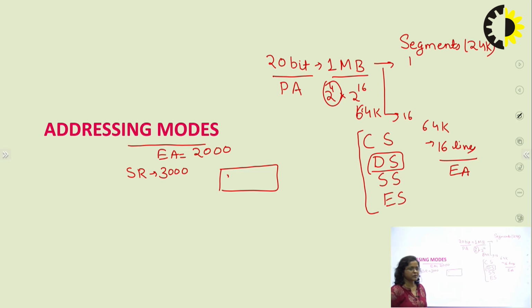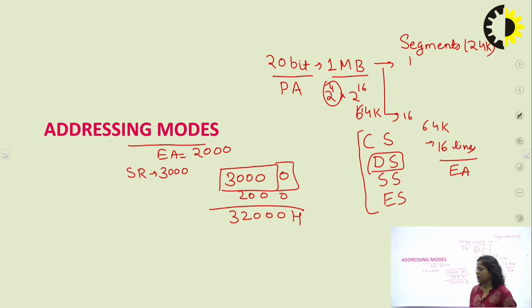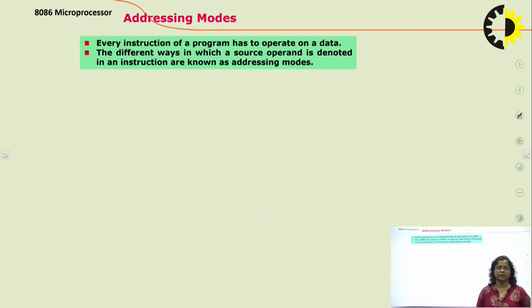The actual physical address will be 3000 left shifted by 4 bits, that is 30000, and then we add the effective address 2000, so the physical address becomes 32000 in hexadecimal. There are various modes in which we calculate the physical address using the effective address. We will see all these in detail in the next slides.